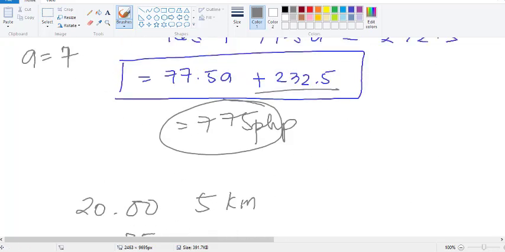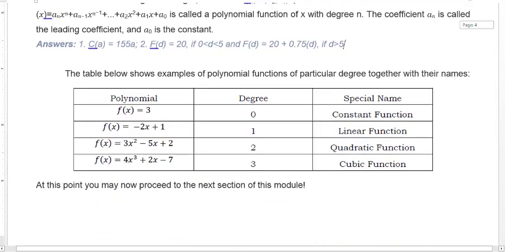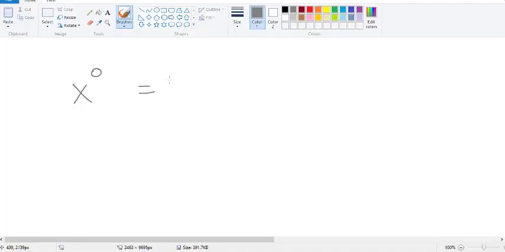Okay, so anyway, by this review, I hope okay na kayo. So by the way, the table below shows examples of polynomial functions of particular degree together with their names. So kung 0, ibig sabihin wala kang variable dito, 0 yung degree mo. X to the power of 0 is 1. X to the power of 1 is x. X squared is of course x squared.